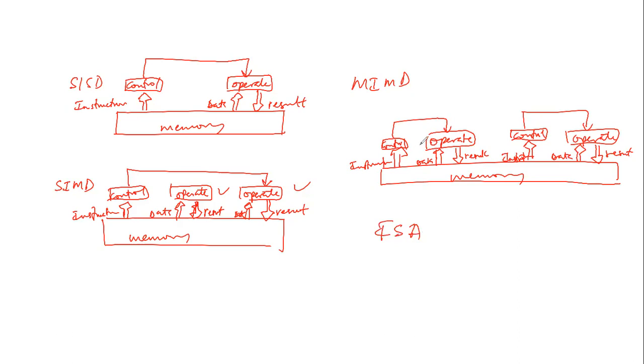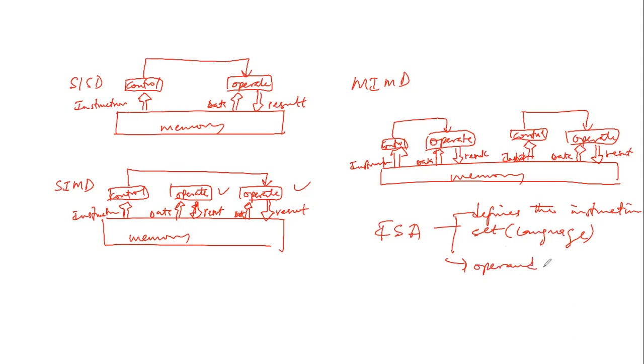The instruction set architecture defines the instruction set, which is the language, and also the operand location, which happen to be the registers and memory. That's what the ISA does.